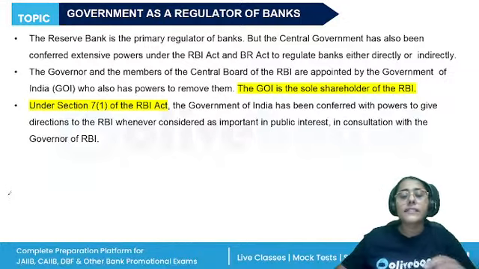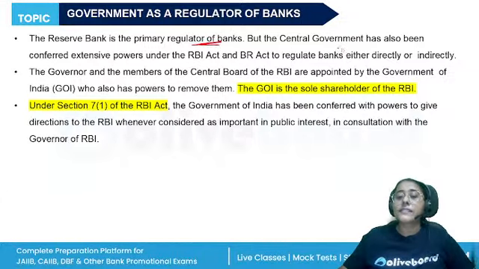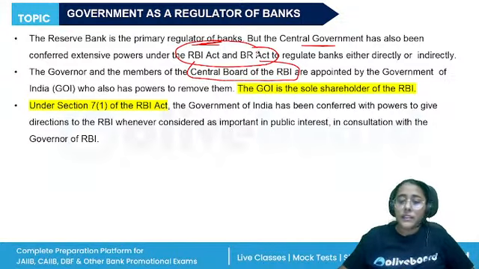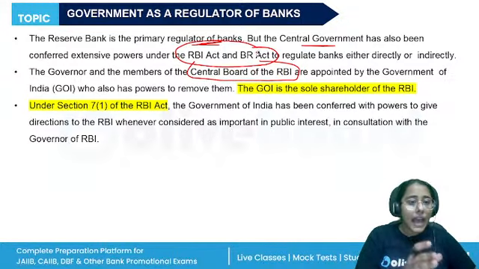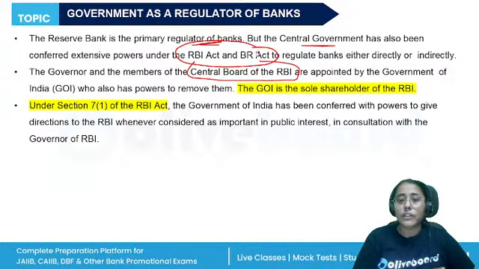So RBI is the primary regulator of banks, but the central government has also been given some powers to regulate the banks directly or indirectly. These powers are given under the RBI Act and the BR Act, right? Like the central board of RBI: the members and governor of the central board are appointed by the government.